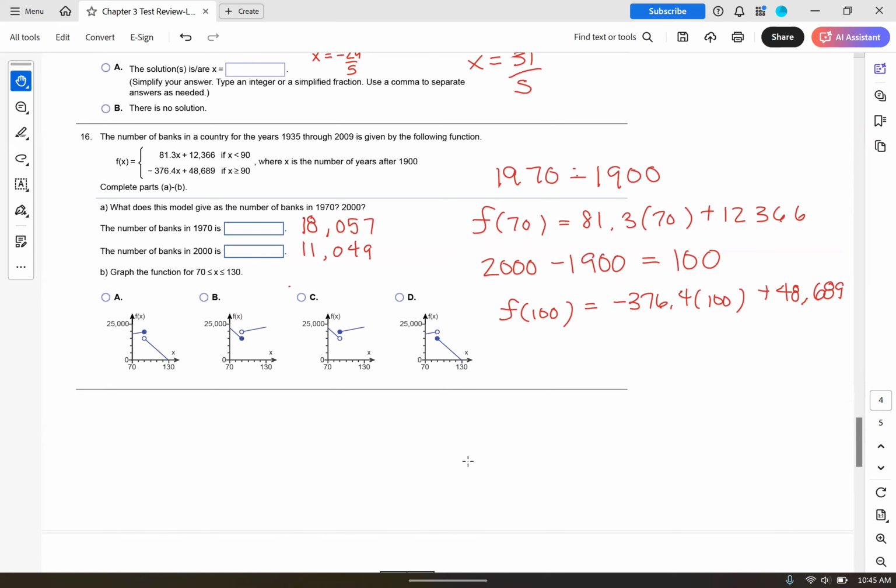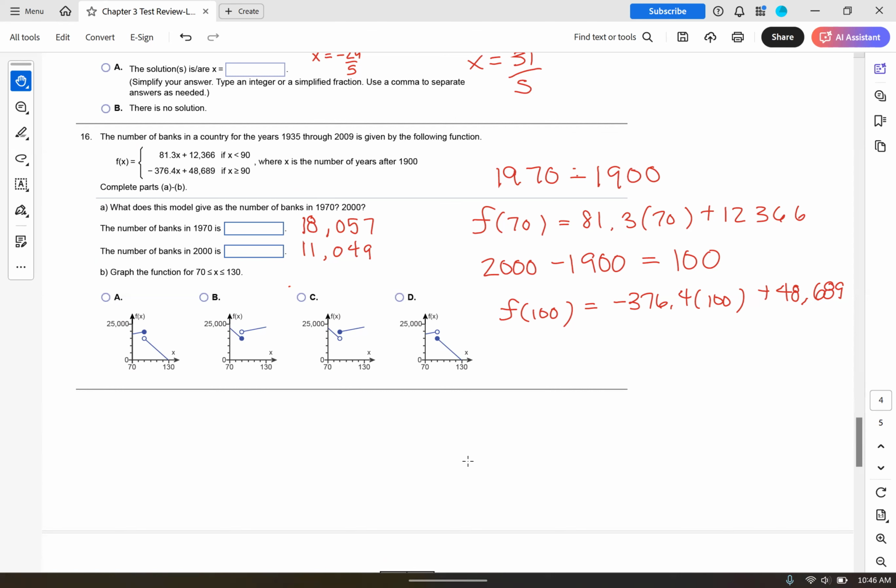Okay. Which graph is it? By the process of elimination. First of all, look at the restrictions on the domain.